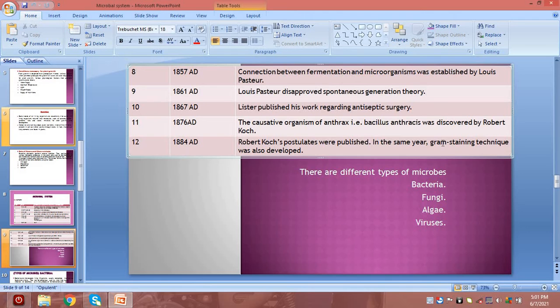We use a dye, and that dye gives the color to the bacteria. It is the most widely used procedure for observing bacteria under the microscope. After gram staining, the bacteria take the color of the dye and we can easily observe them under the microscope.